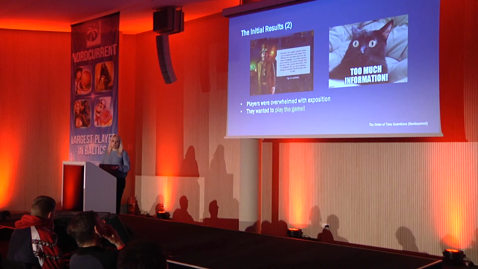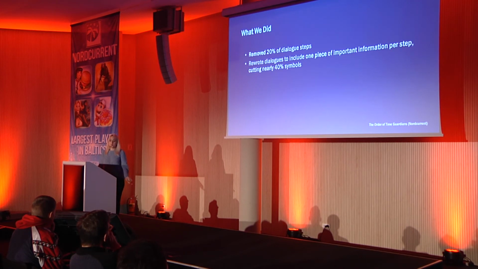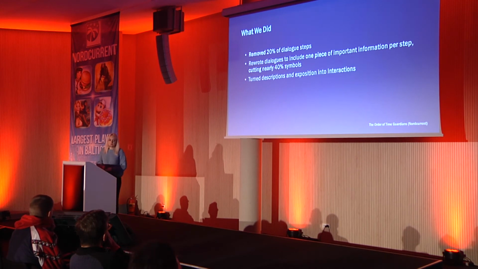So what we did, with a single iteration without changing any gameplay, we removed 20% of dialogue steps, completely scrapped them. The remaining dialogue was rewritten to focus on only a single piece of the most important information, which actually reduced almost 40% of all symbols.